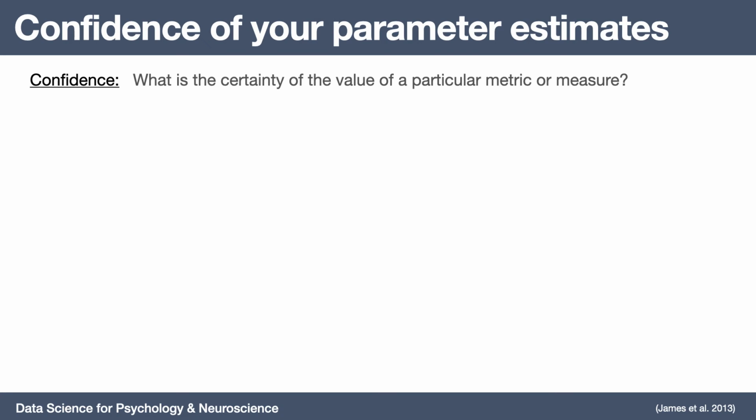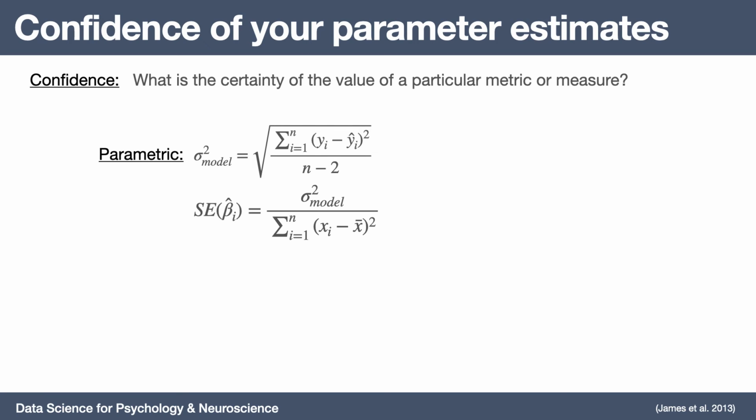By confidence, what I mean is, what is the certainty of the value of a particular metric or measure? So I observe some value for a regression coefficient, a t-statistic. I want to know how confident am I in that particular value of that particular statistic. And we saw this in regression when we calculated the model variance of your model and used it to calculate a standard error for every individual regression coefficient.